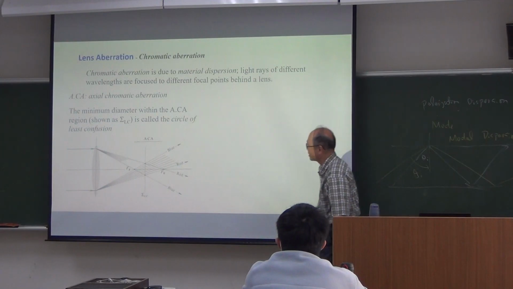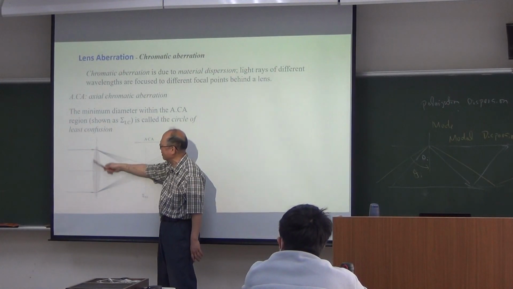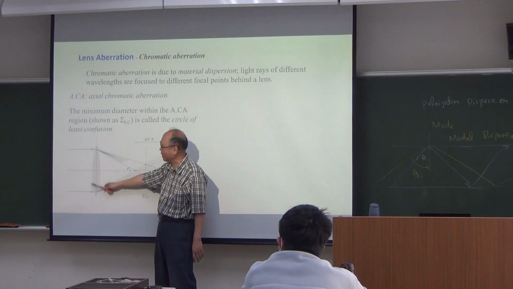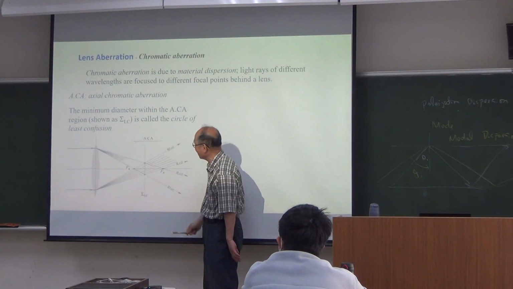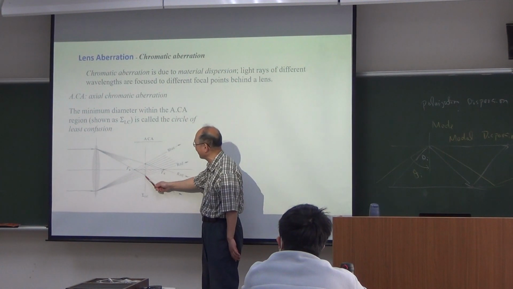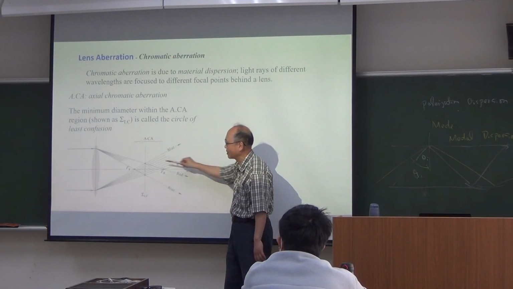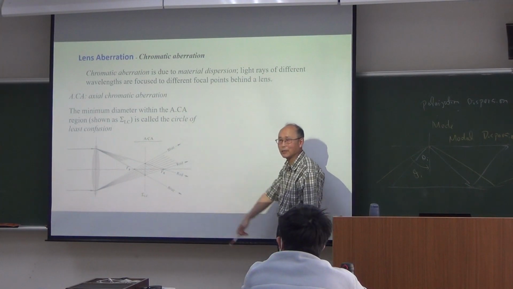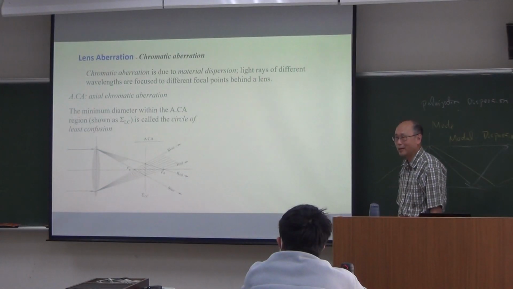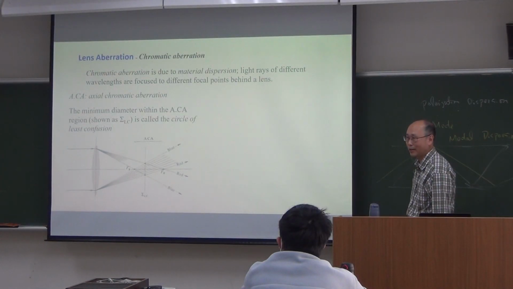Okay, so if you have a perfect lens like this, with a perfect surface, you still see that different colors of light will be focused to different points on the axis. We call this chromatic dispersion, and it's very hard to correct. Okay, but there are ways to correct it.